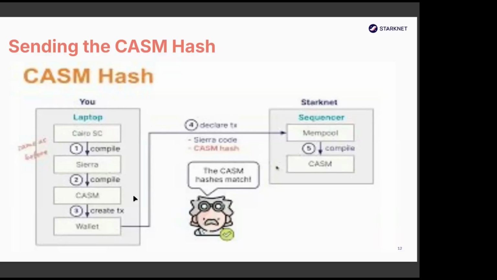Because the compiler is written in Rust and your smart contract is written in Cairo code, to get it to a point where your Cairo code is understood by the compiler, it's taken through Sierra and then through this. From there, it's ready to be taken to the mempool. I don't know whether you have any question around that.